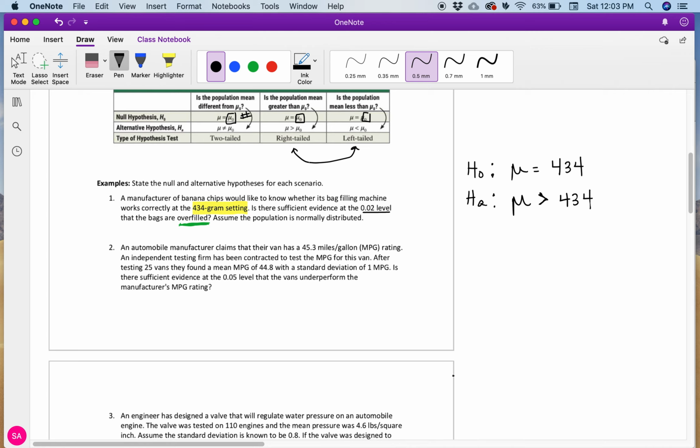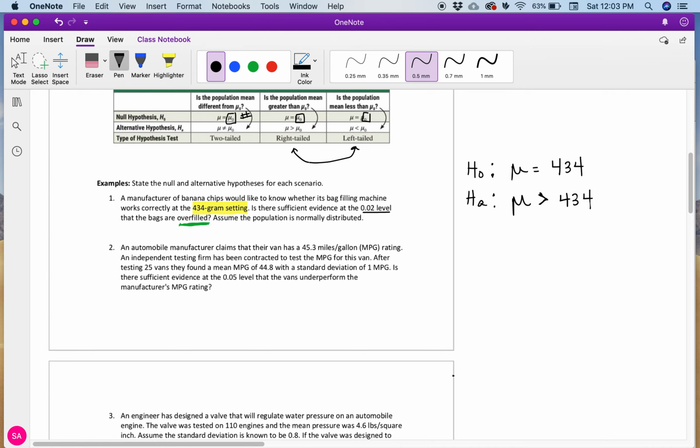An independent testing firm has been contracted to test the MPG for this van. After testing 25 vans, they found a mean MPG of 44.8 with a standard deviation of 1 MPG. Is there sufficient evidence at the 0.05 level that the vans underperform the manufacturer's MPG rating?